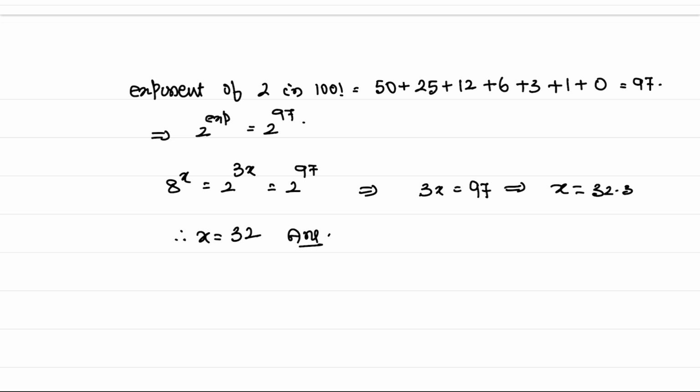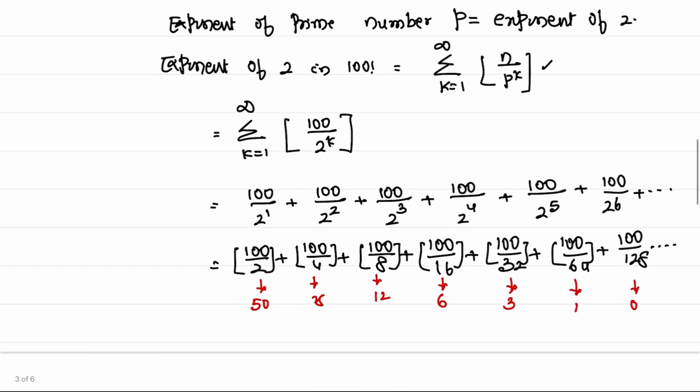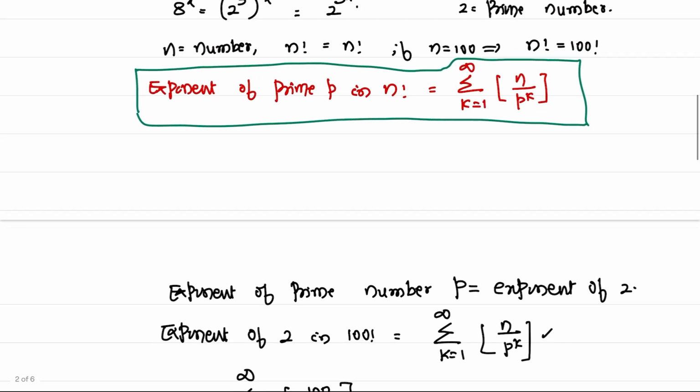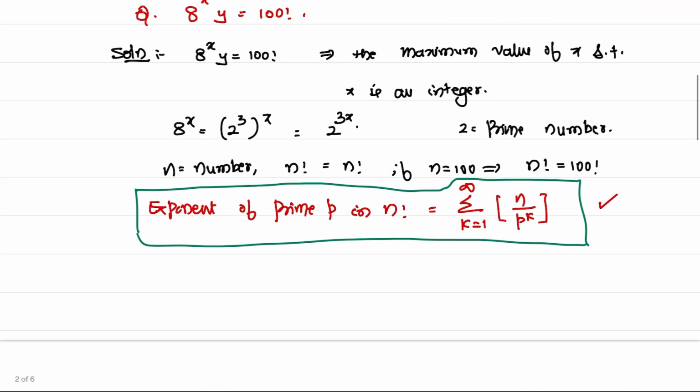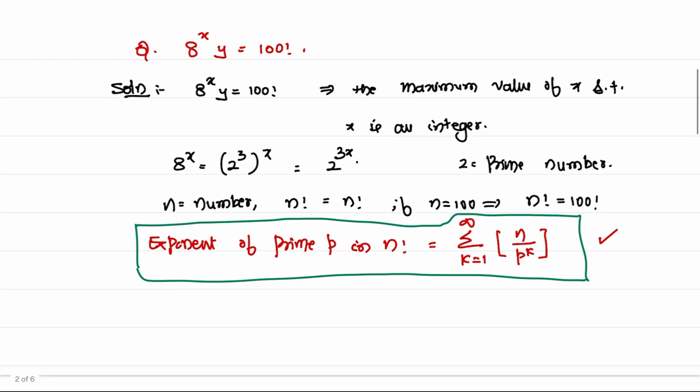How we have got it? Did you understand? This is the formula which you should apply, and please remember this. If p is a prime in factorial n, then the sum from k equal to 1 to infinity of the greatest integer of n by p to the power of k should be taken.